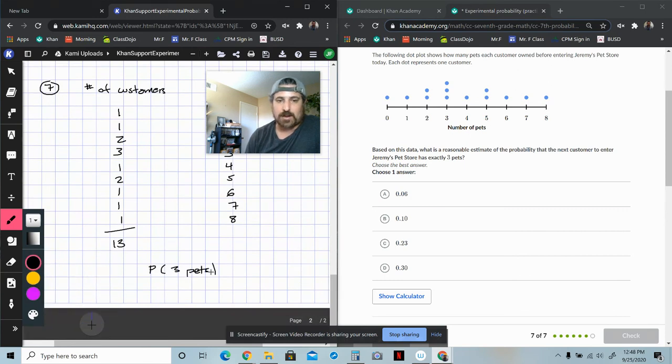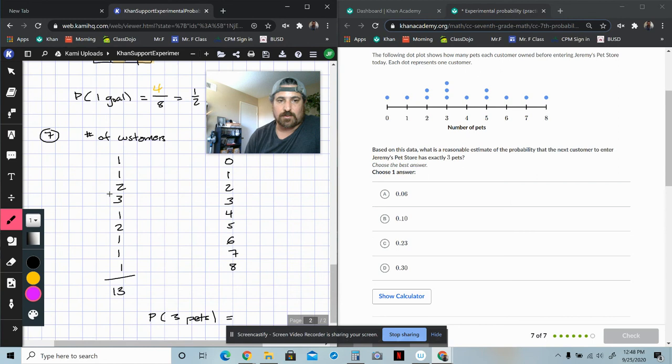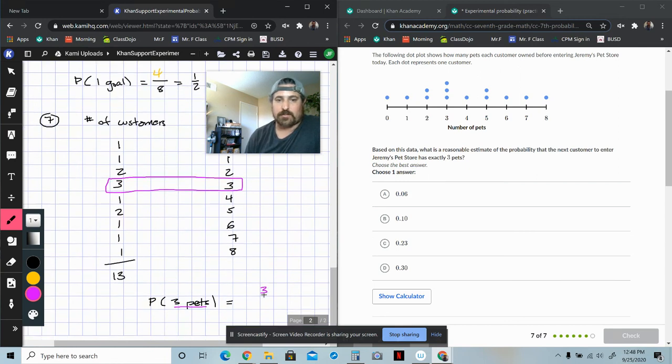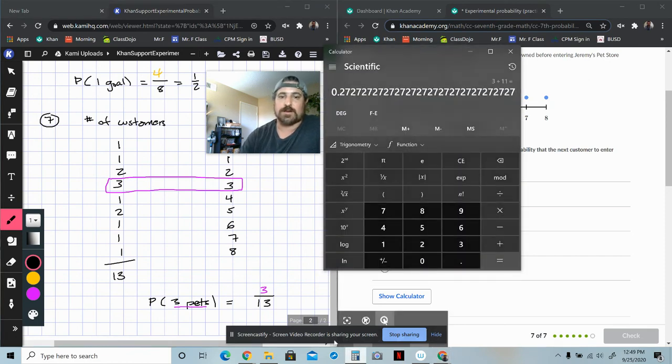Okay, cool. So how many of these people had exactly 3 pets? Let's look at the list. Well, there were 3 that had 3 pets right there. That is our favorable. So that means that we're going to have 3 as our numerator. The denominator is the total number of people who entered the store that day, which in this case was 13. So we're looking at 3 out of 13. Now they ask us to put it in decimal form. So you're going to use a calculator and you're going to say 3 divided by 13.